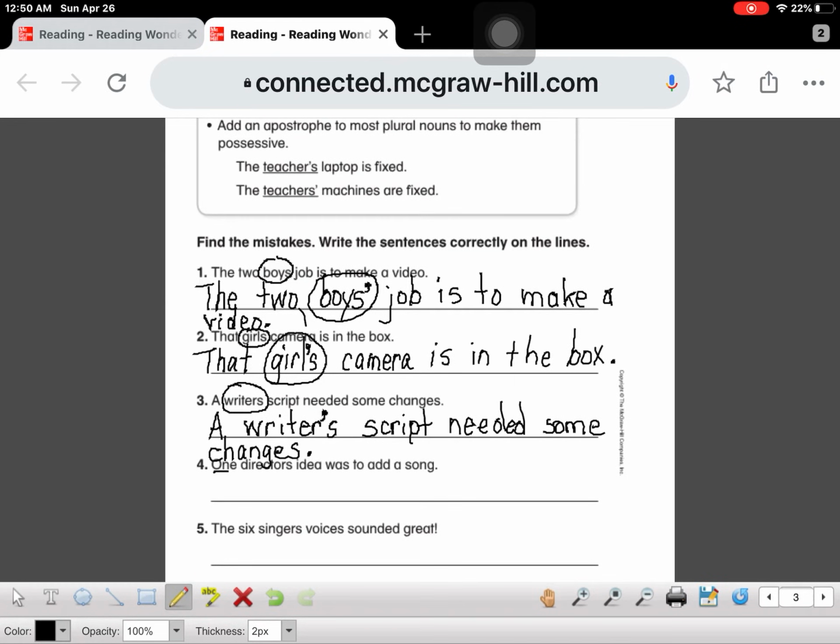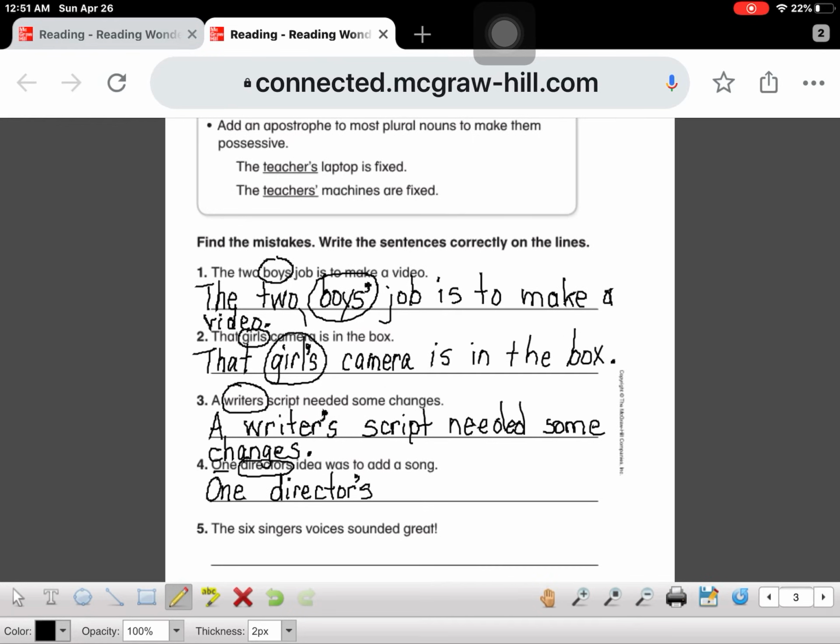So we are going to rewrite the sentence, and this is the word that's going to have the apostrophe. So rewrite it, uppercase O-N-E, director's. Did you see your apostrophe S in director's?